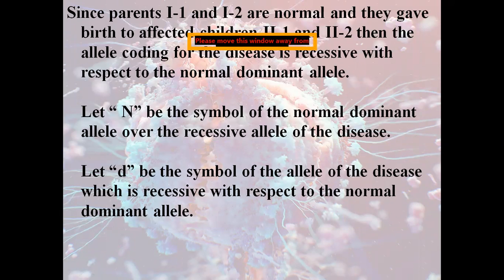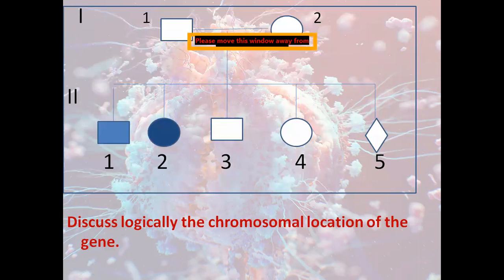So here, let's discuss logically. First of all, if the gene of the disease is located on the non-homologous part of Y, who can deny it? If it was found on the non-homologous part of Y, then none of the females should have been affected.